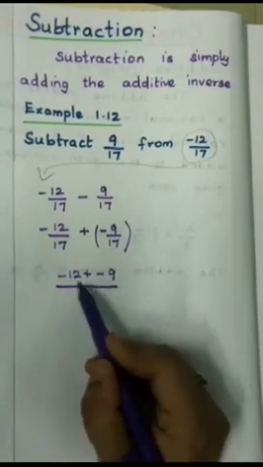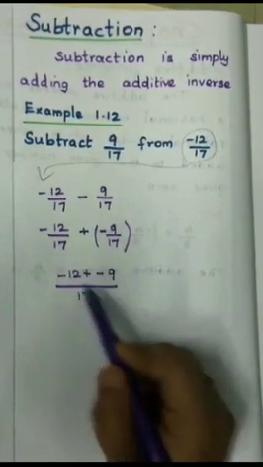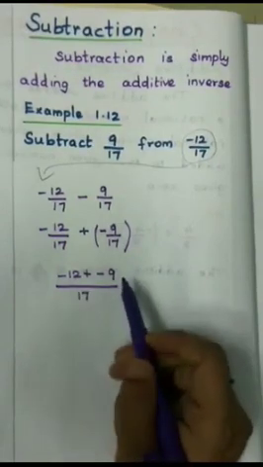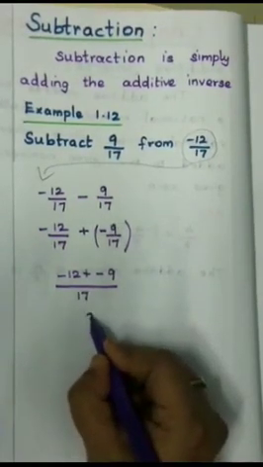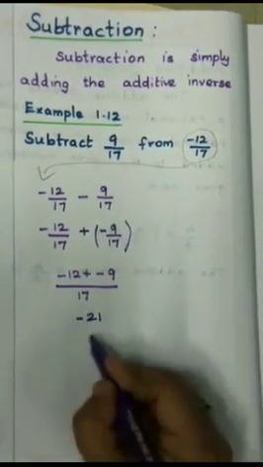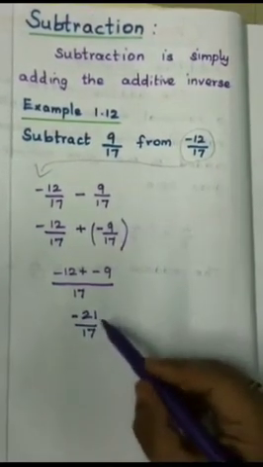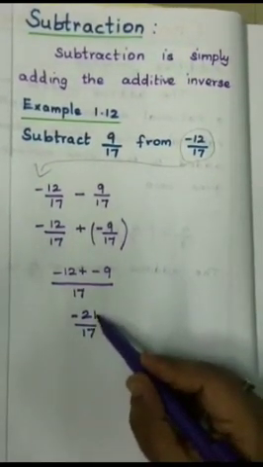See the numerators, both the numbers have the same sign. So you know the rule. If both the numbers have same sign, you add the numbers and put the same sign. So 12 plus 9, 21. And put the same sign, that is minus 21 by 17. Now you check whether we have any common factor for the numerator and the denominator.